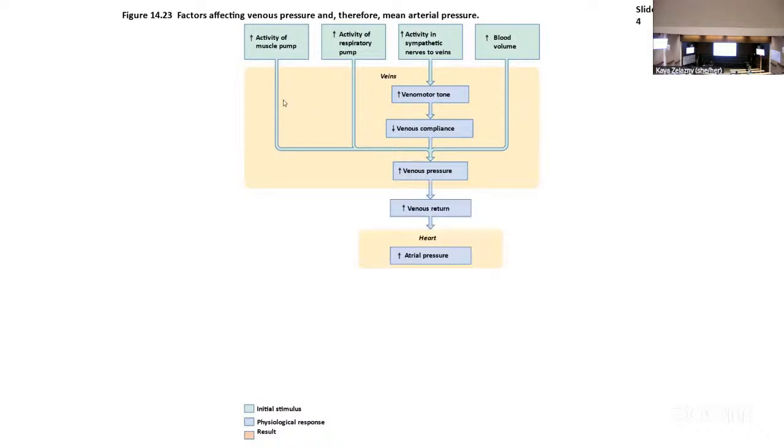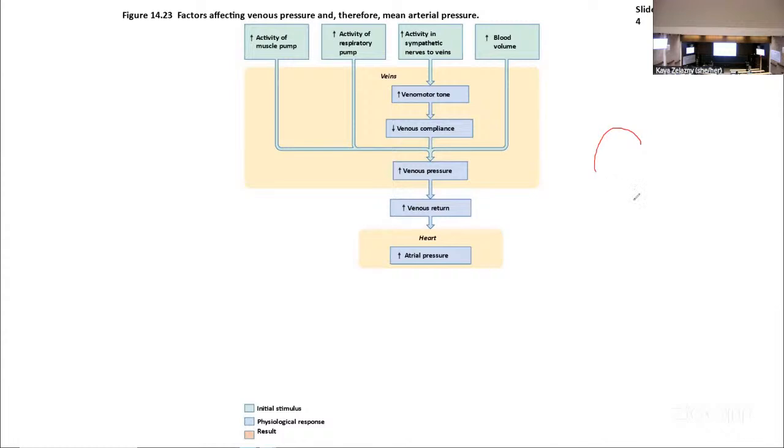Okay. So when we think about that venous return and that venous pressure, we're thinking about that relationship where we have our heart, we have our chambers, so ventricles down here on the bottom at the apex where we see this V shape.